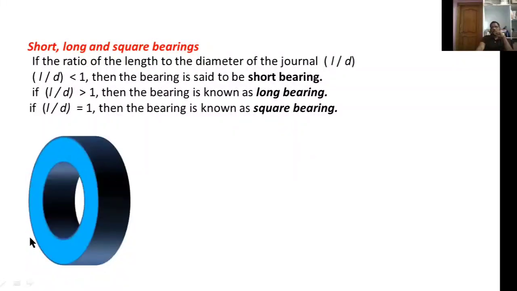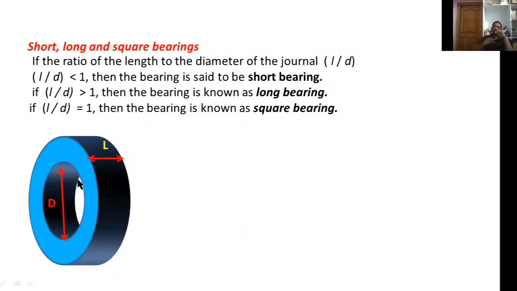This is the bearing. Here this is the length of the bearing, and this one is the diameter of the shaft. Here I consider the diameter of the shaft equal to the inner diameter of the bearing, since we don't know the diameter of the shaft.